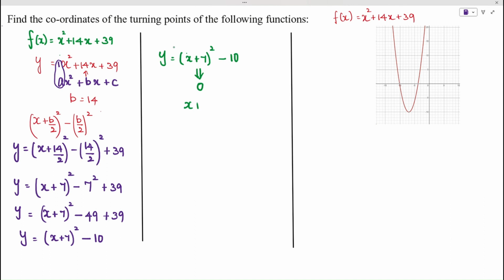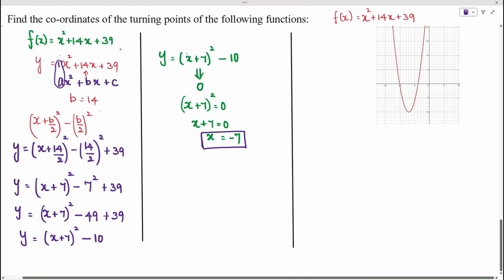So we start off with x plus 7 the whole squared is equal to 0. Now we square root both sides. So we get x plus 7 is equal to 0. And we get x is equal to minus 7. So this helps us to find our x coordinate for the turning point.